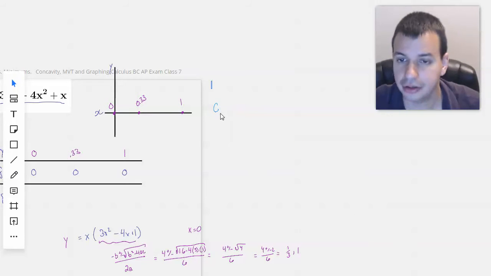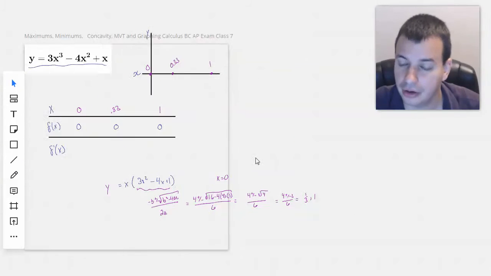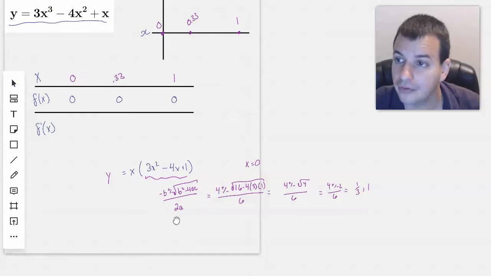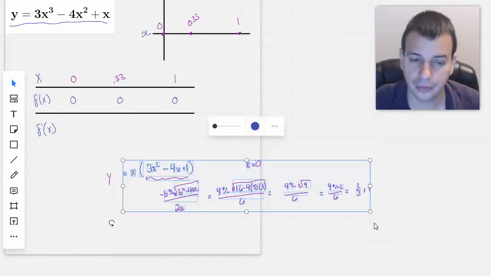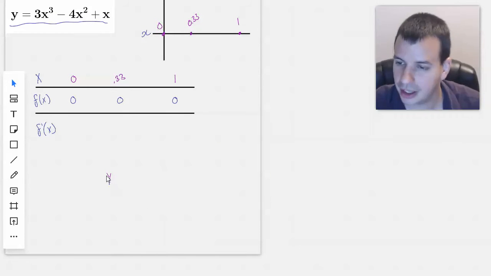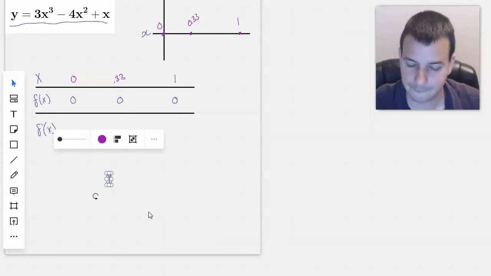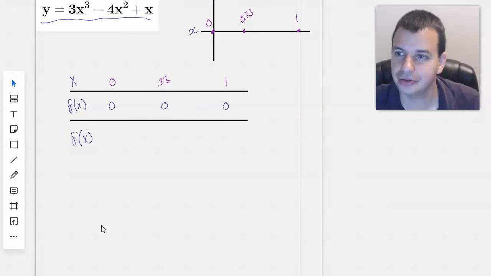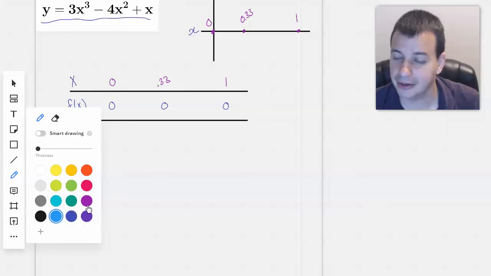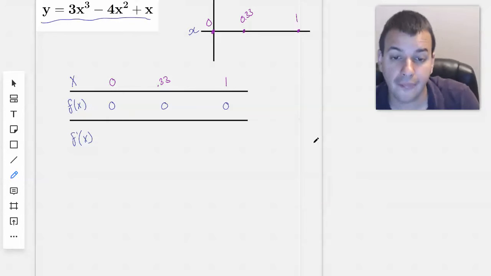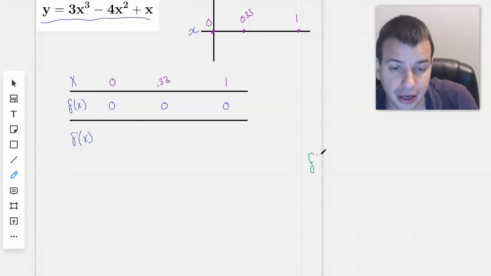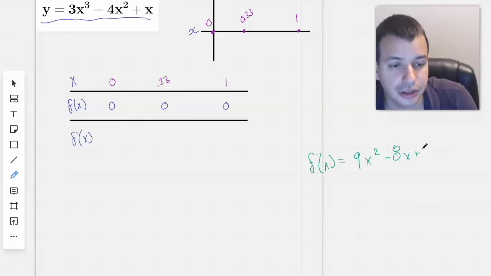Clear that guy out, go to that guy, kapow. So we have, write this guy up here. So, f prime of x equals 9x squared minus 8x plus 1, because we just did the power rule.